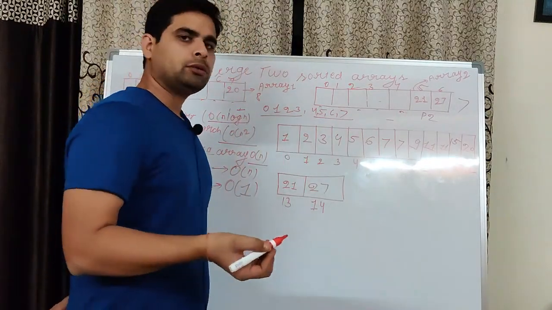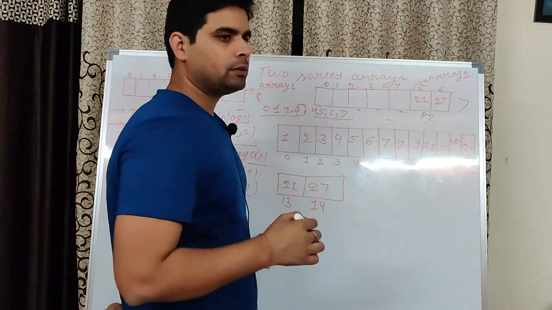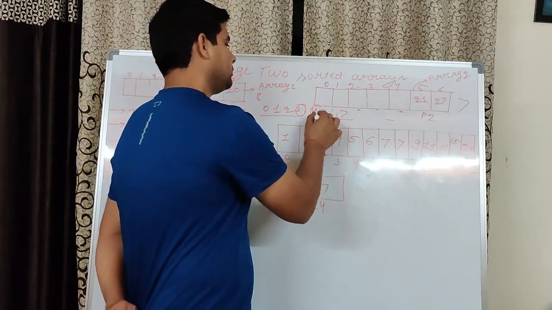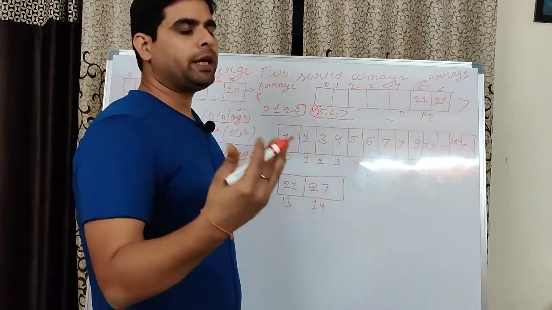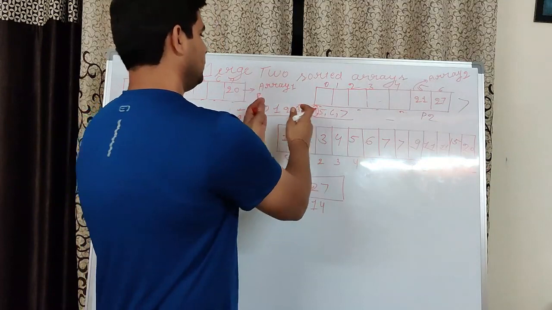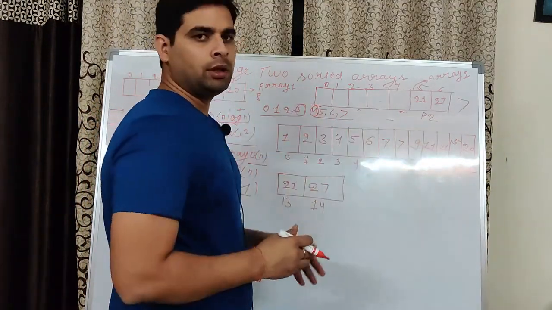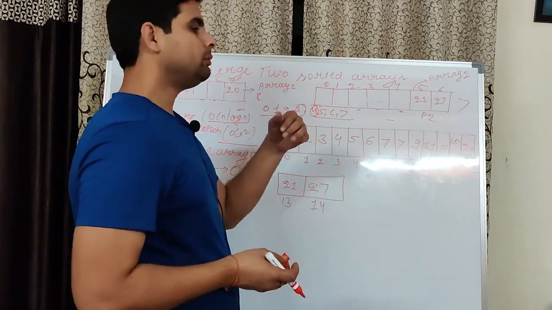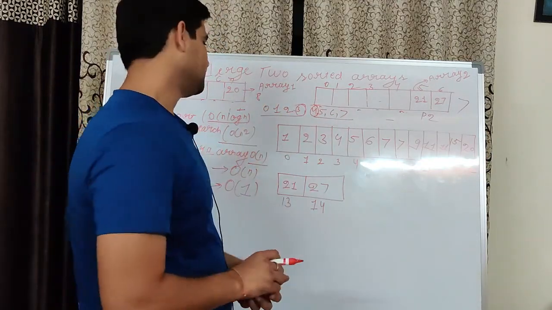If the last element of array 1 is less than the first element of array 2, then this is the scenario where I can directly put it here and put it there. In this way my whole solution will be completed in order one time.